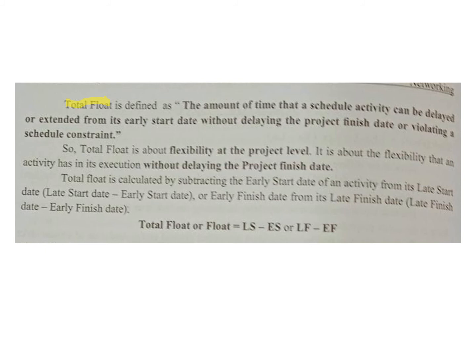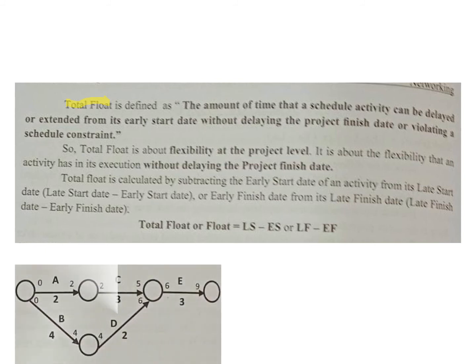Consider this example which I had done, the whole process from A to E. Total float is the amount of time that a scheduled activity can be delayed from its early start date without delaying the project finishing date. That is called the total float.